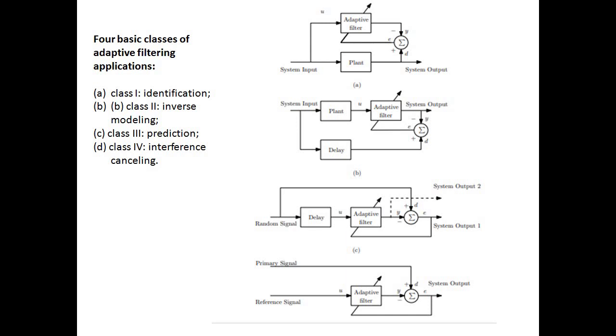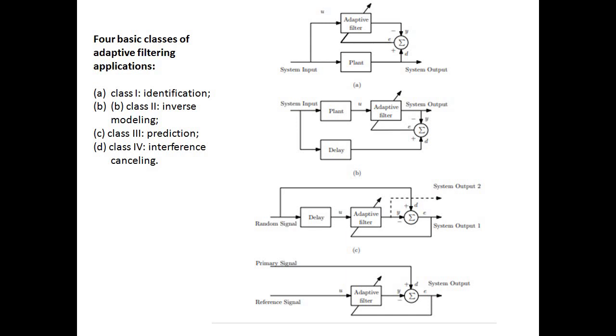If not, we'll go for finding the error produced by means of y of n, the adaptive filter output, plus d of n, or y of n plus or minus x of n. That gives system output 2. Based on these inferences only, we are going to analyze the particular system and take the corrective measures to fulfill the requirement of the particular sequence.